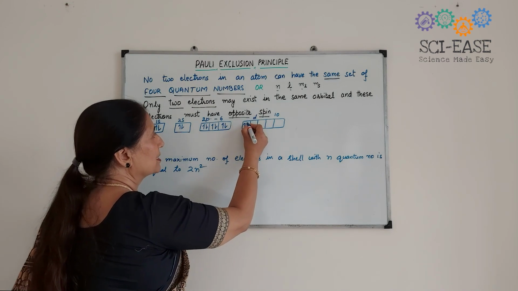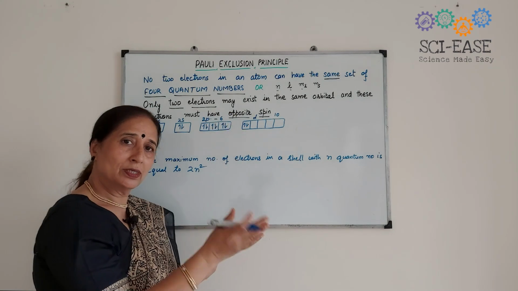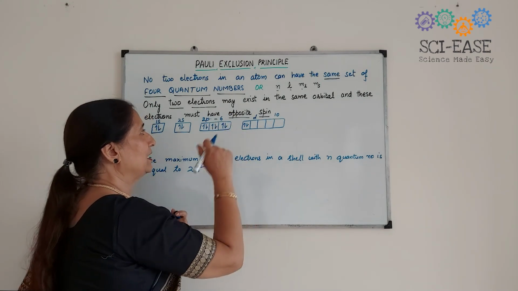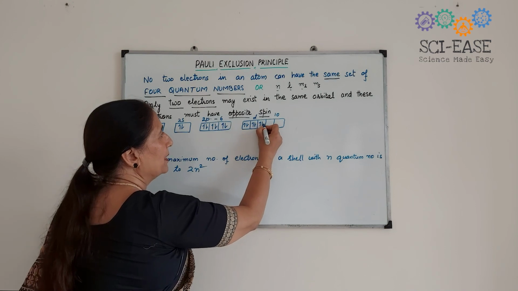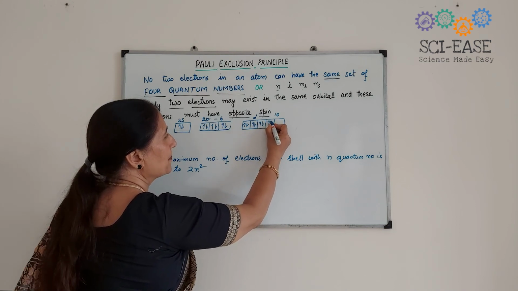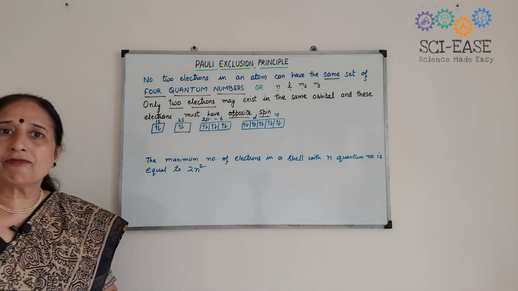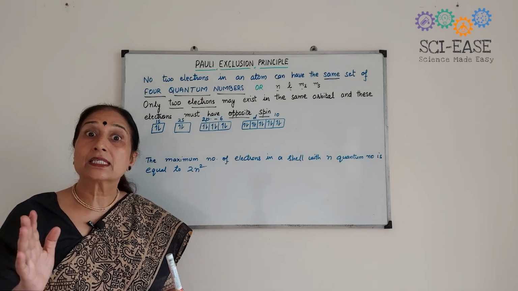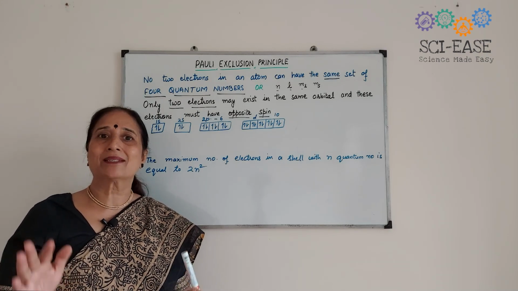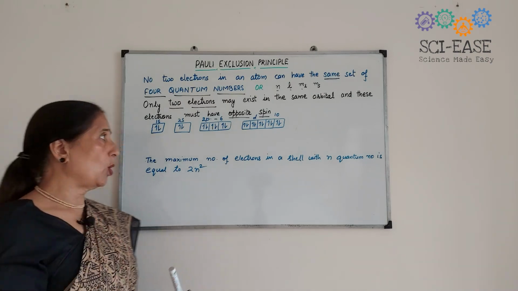It can have 5, it can have 2, half filled, fully filled, or like this. And if we take the case of f, this subshell has 7 orbitals and a maximum of 14 electrons can be accommodated, and so on.